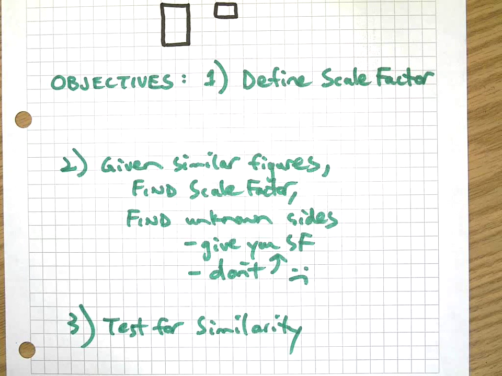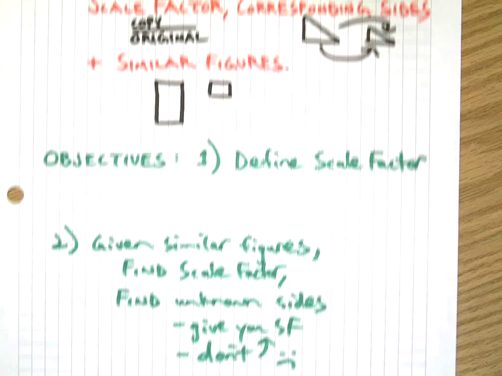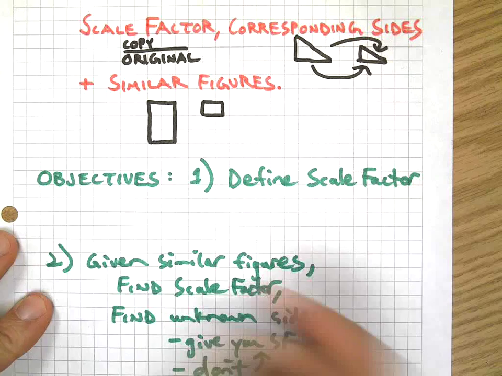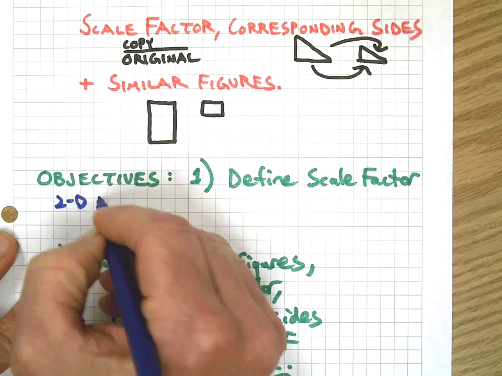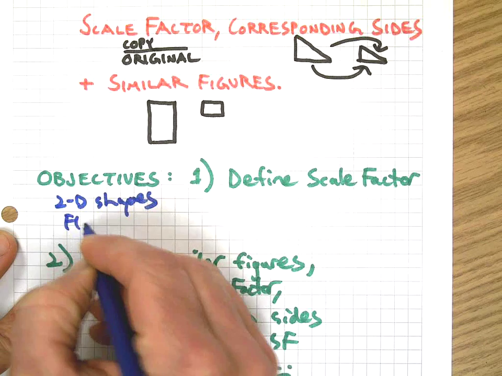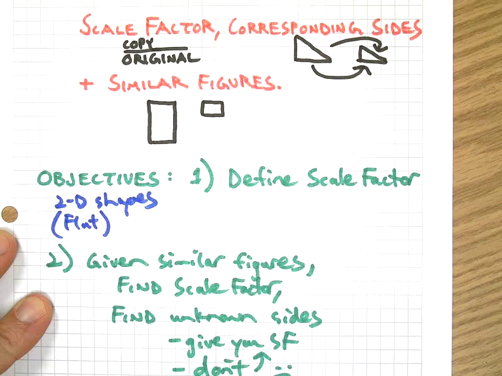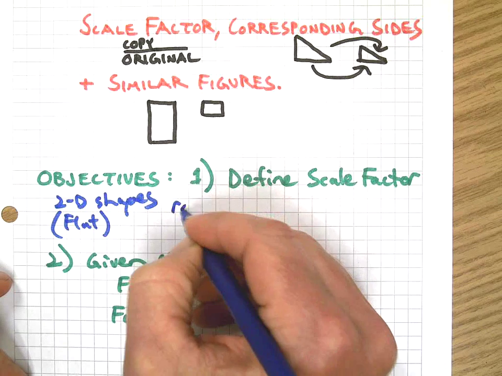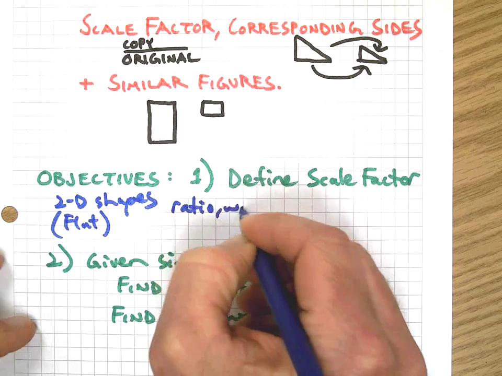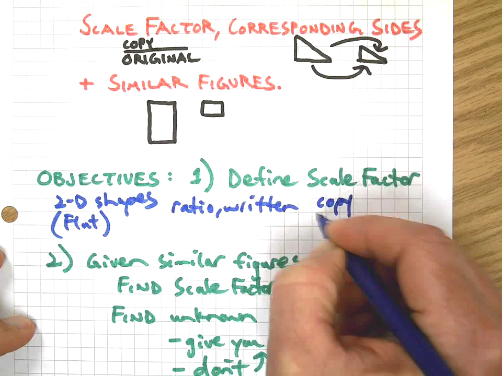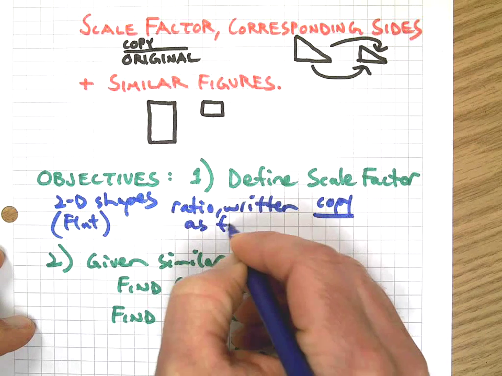Here we go. First, we're going to define scale factor. Simply, if we look up here, scale factor is, when we're dealing with 2D shapes, 2-dimensional shapes, flat, on paper, a ratio written as a fraction, copy on top of the original.